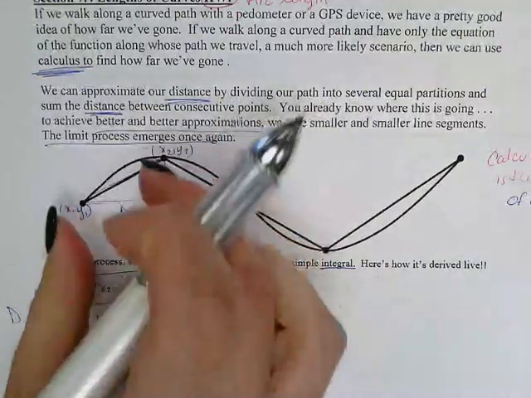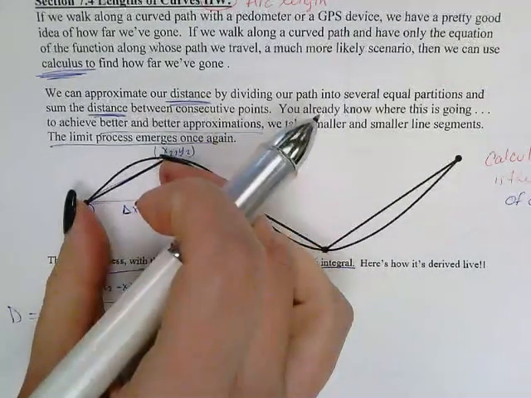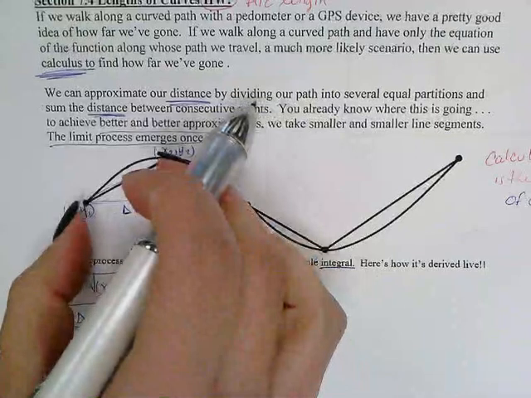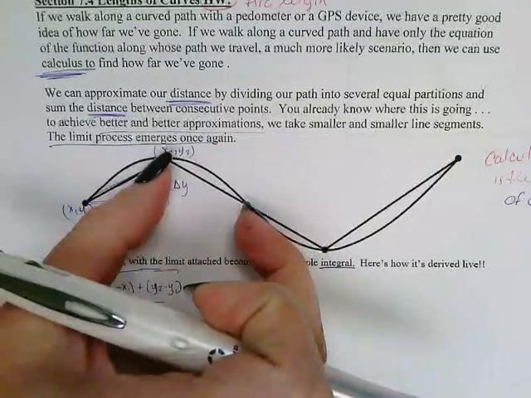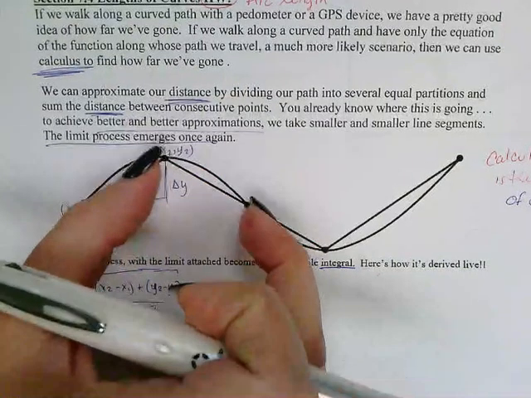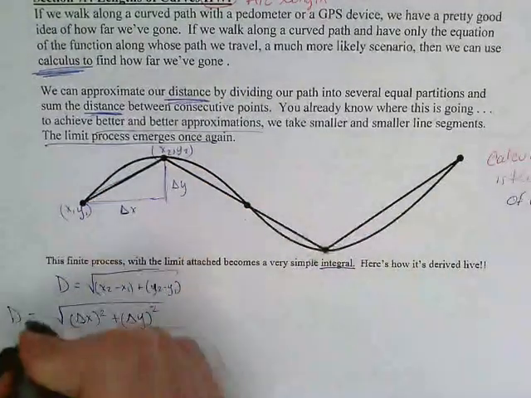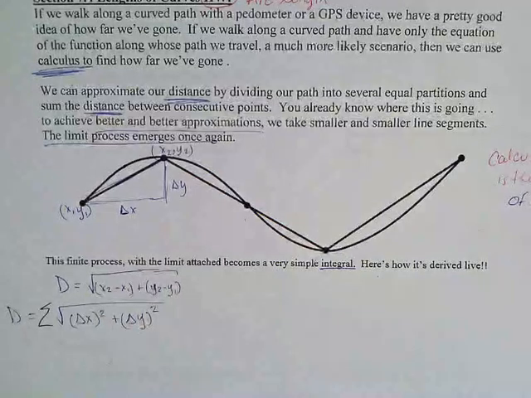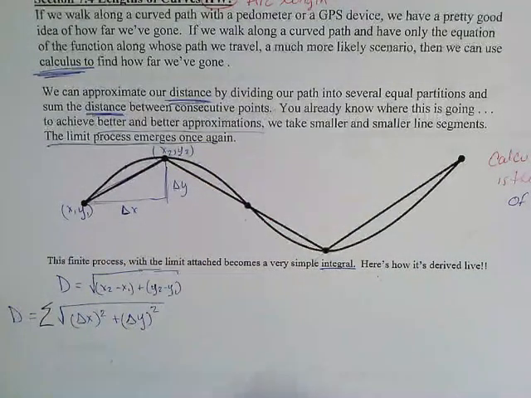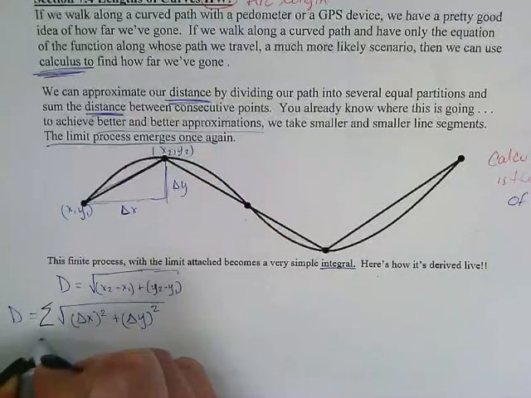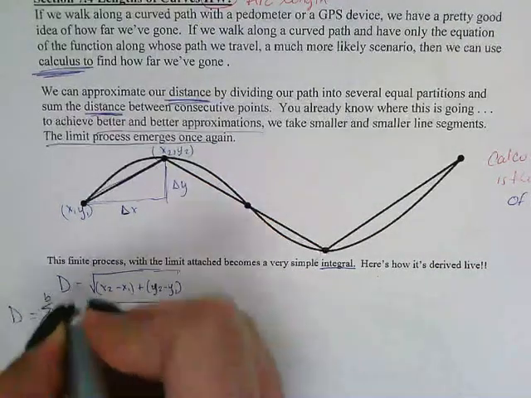Now, this is not the only distance that we need to find. So if this is one distance, we're going to separate all of them into equal partitions, and we're going to add them all up. So that's like taking the sum of all of these equally partitioned distances, we can say from A to B, right?